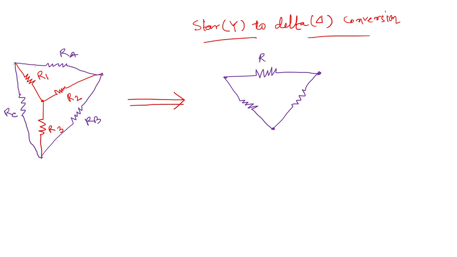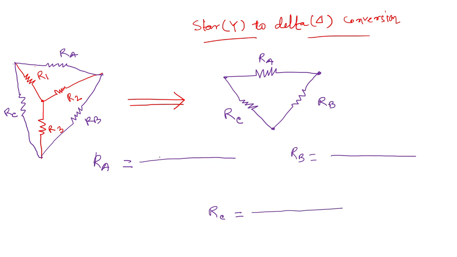Now I will write the formula. So how can we write RA? This is RA, this is RB, and here I am writing RC.